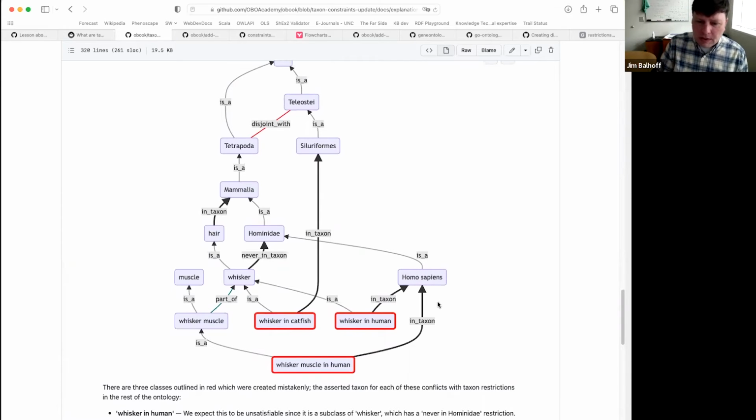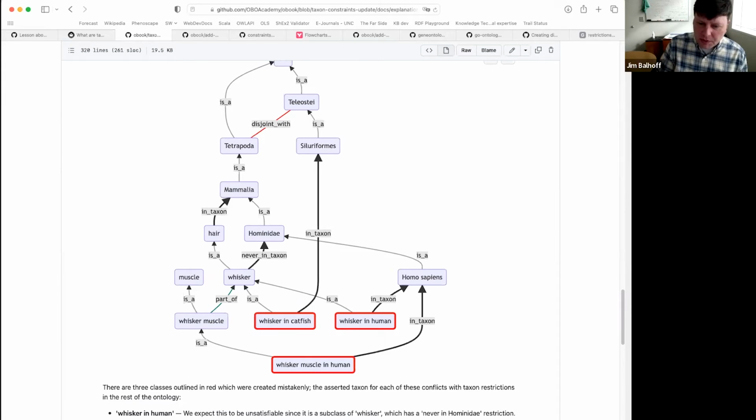Whisker and catfish: it's a whisker, so it is a hair, and so it's always in mammals. But this term, whiskered catfish, is in Siluriformes, which is a teleost, which is disjoint from mammals. If something has to be in mammals and also has to be in teleosts, that shouldn't be possible.